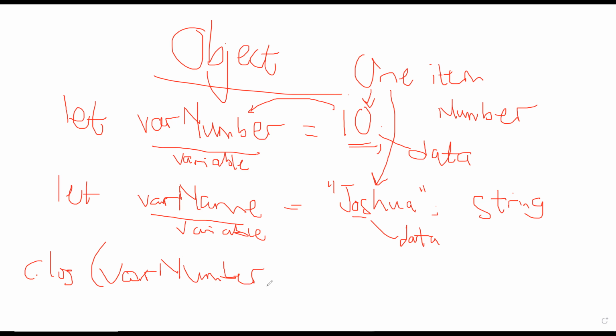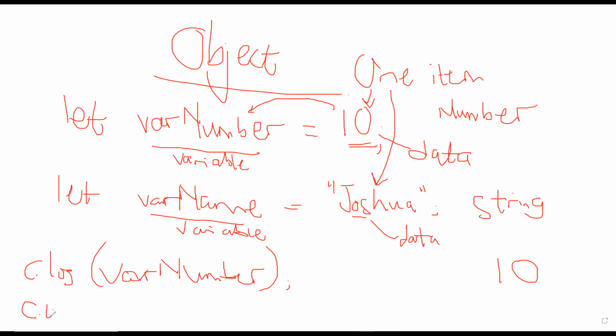Just the variable without any operator in front or at the back. So just me indicating the variable name, this value, this data will be printed out on the screen. So I can say I am calling this value 10.